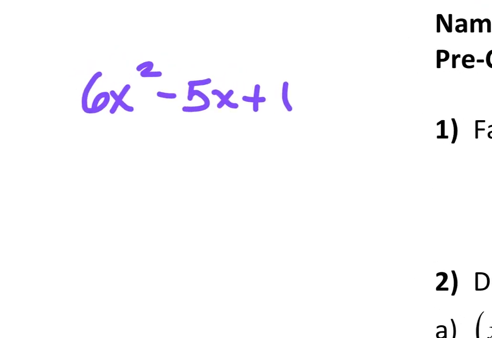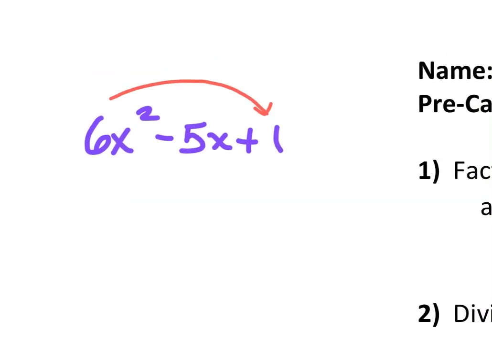And when I look at this, remember that because there is a leading coefficient, I want to take that leading coefficient and multiply it by the constant term with signs and everything. They're both positive this time. So 6 times 1 is 6.